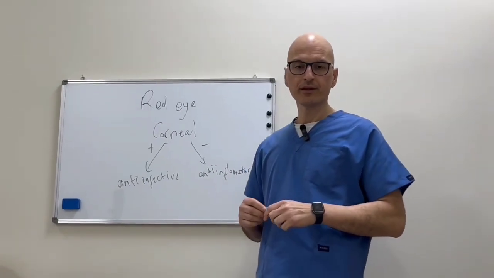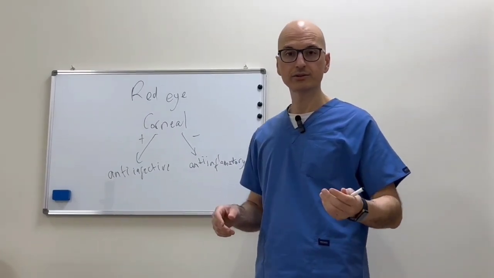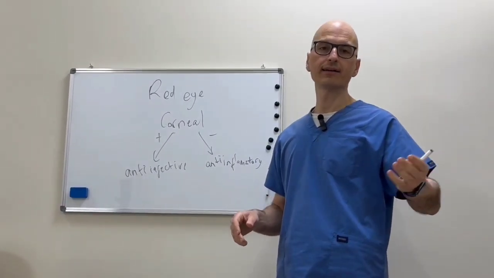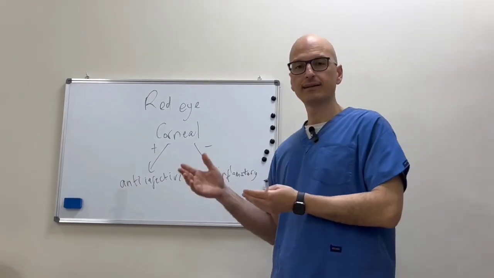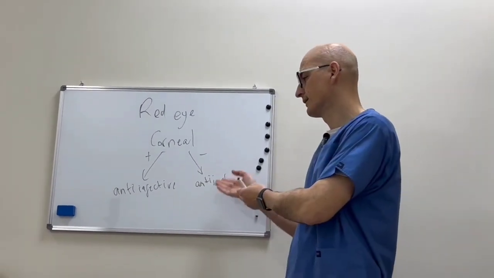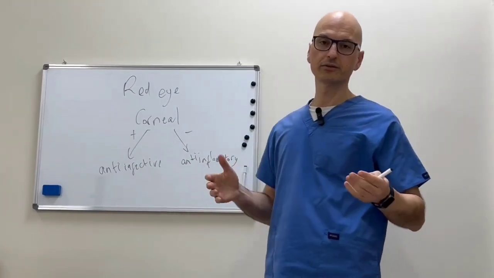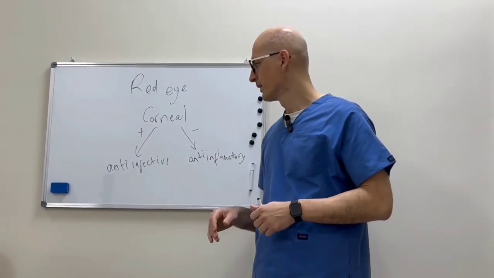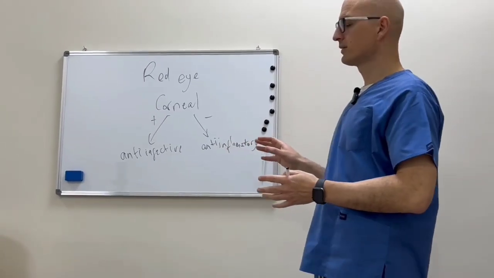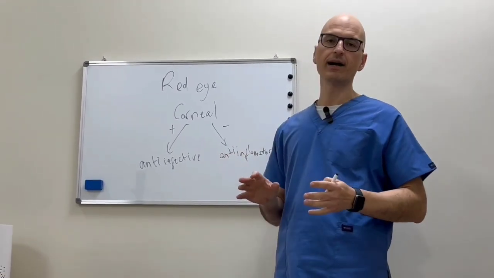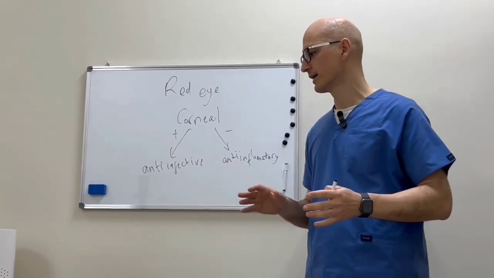And even in bacterial conjunctivitis, you can combine the antibiotic with the anti-inflammatory, and this will still be helpful because you calm down the inflammation on the conjunctiva at the same time. With all this we talked about, there are also some exceptions, which we'll talk about later on.